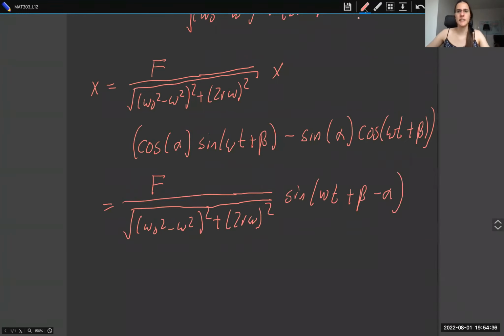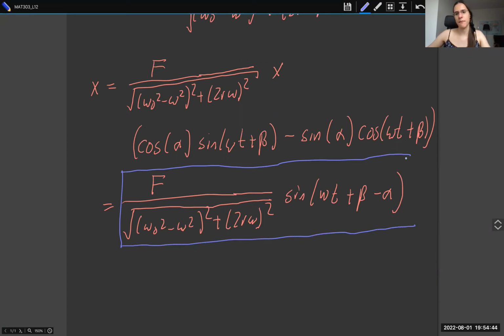Okay, so this is our final expression for the inhomogeneous part, where alpha is defined in terms of those previous two equations. So this agrees with what's in the book.